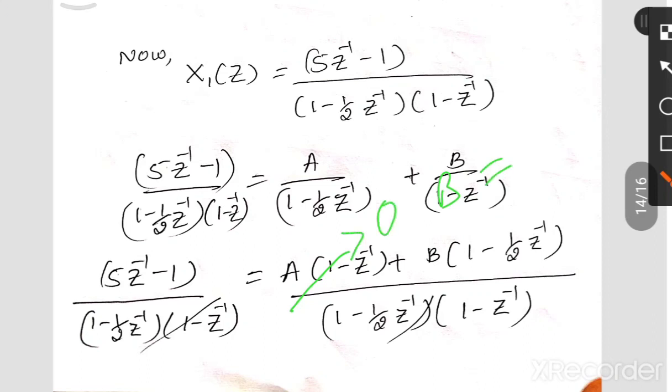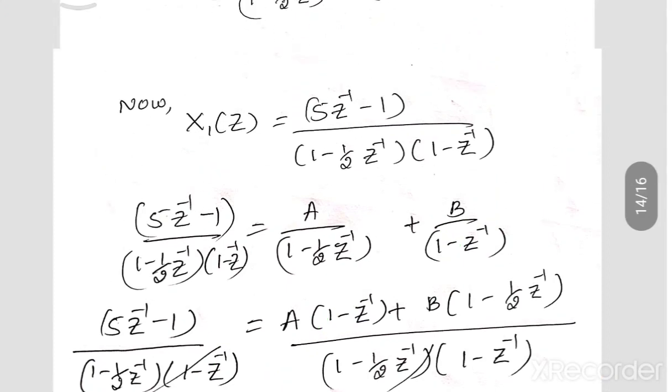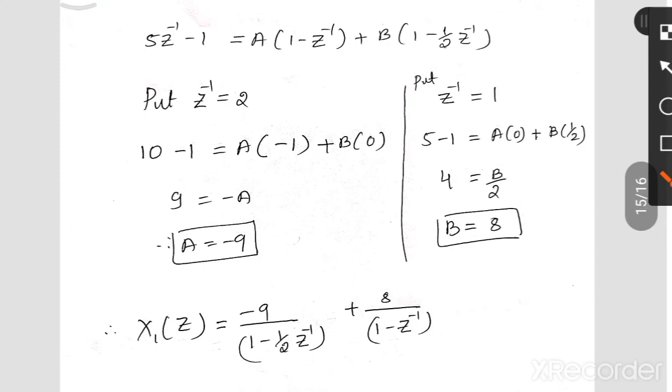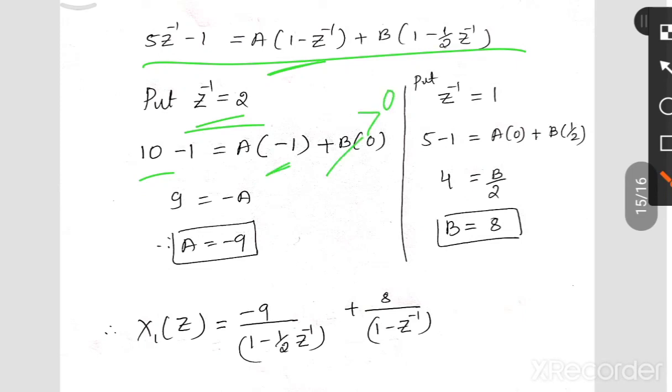For that, put z raised to minus 1 equal to 1. Now by substituting z raised to minus 1 equal to 2, it will be 5 into 2, that is 10 minus 1 equal to A of minus 1 minus 2, which is minus 1, plus B terms is 0. So 9 equal to minus A, therefore A equal to minus 9.